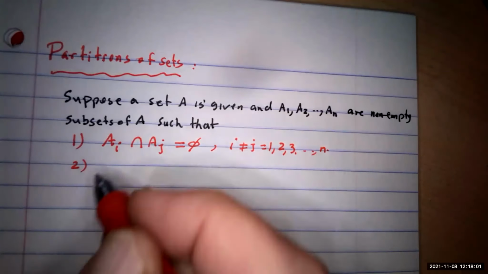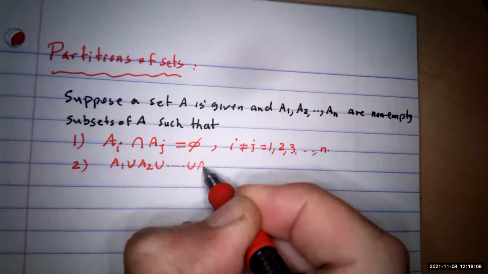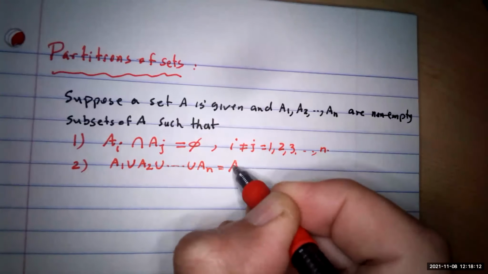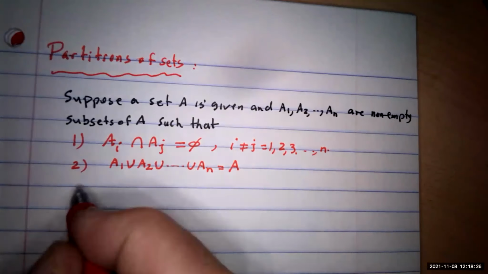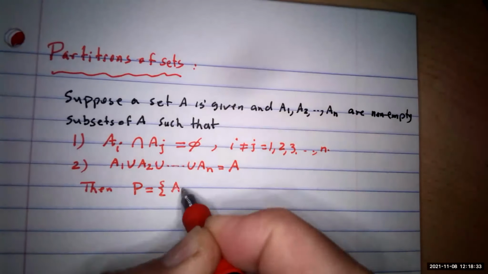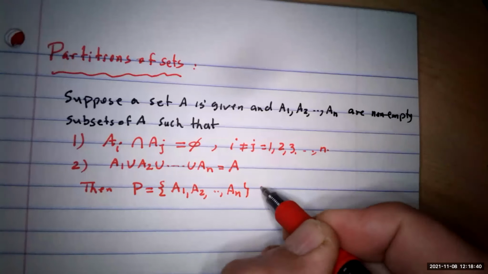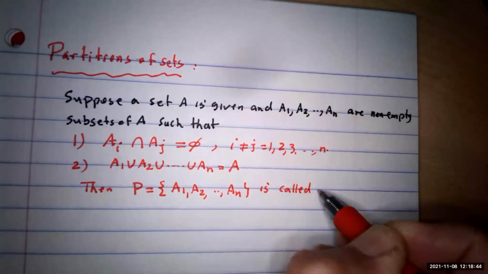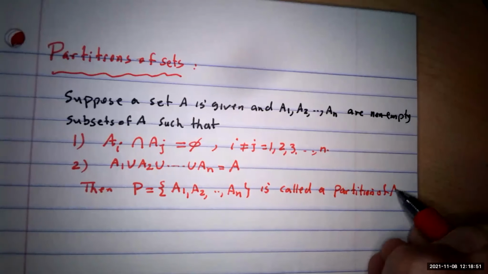And the second condition is, if you put all of them together, you must get the floor. So A1 union A2 union up to AN is going to be the set A. So they partition the set A. Suppose the set A is given and A1, A2 are non-empty sets such that this property is true, then we write them as P, a collection of A1, A2, up to AN, and it is called a partition of A. That's it.